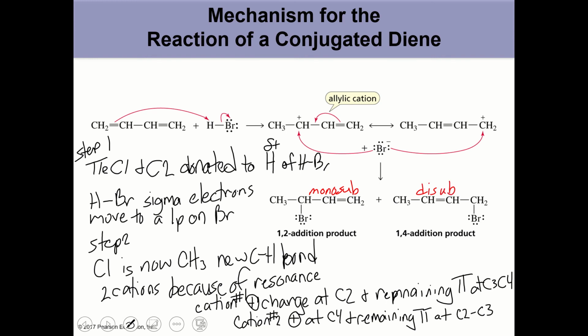And we know that disubstituted alkenes are more stable. And for some reactions, the more stable product is going to be the major product. So we have to look at conditions for this reaction where we might have major and minor products because of one product being more stable than the other.